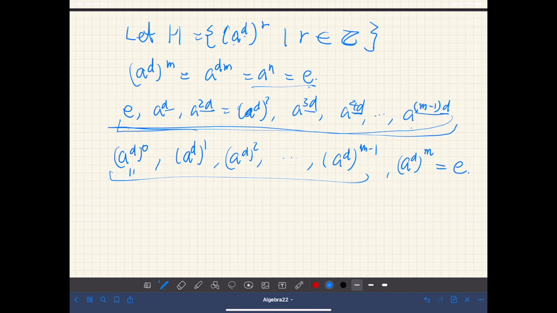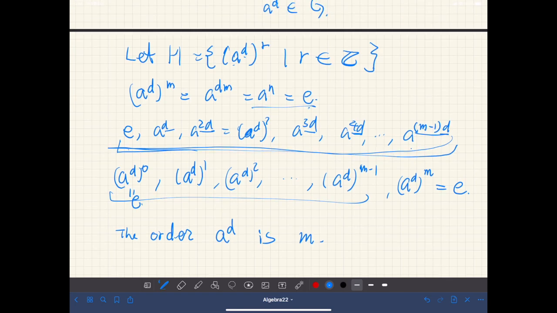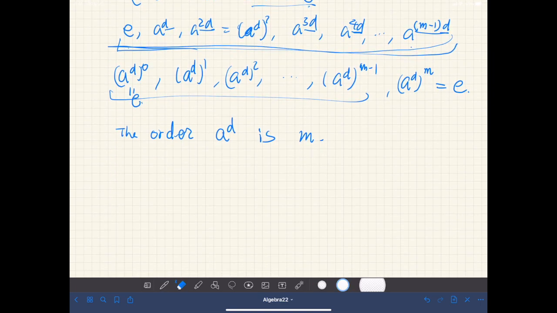So this is equal to e. Therefore, the order of this element, a to the power of d, must be equal to m. So therefore the order of H is equal to m.